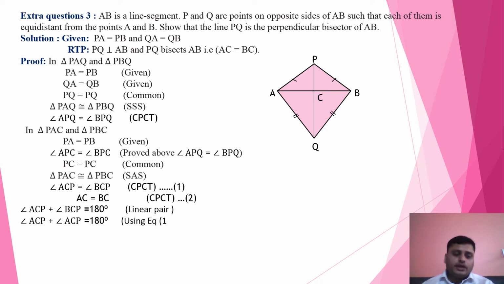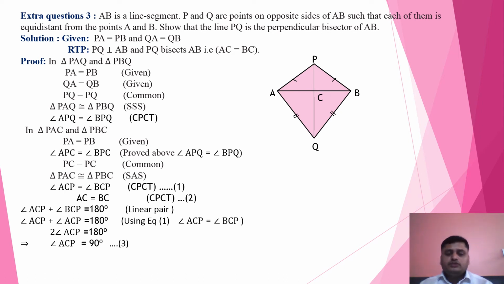Now if these two angles are equal, we can say that 2 angle ACP will be equal to 180 degree. So angle ACP is equal to 90 degree. Assume this one as equation number 3.